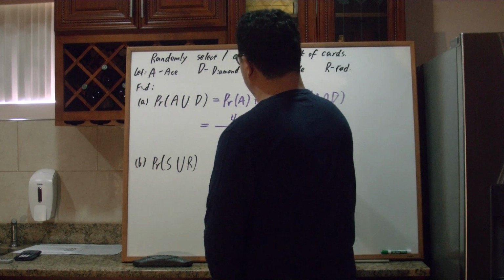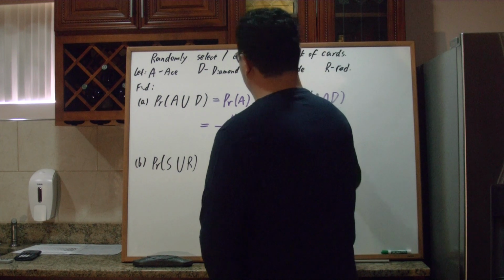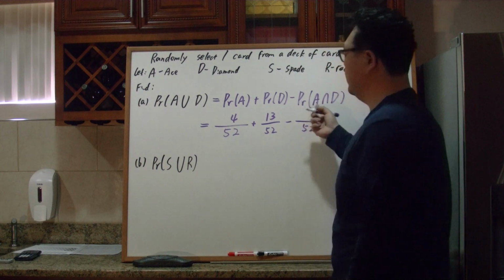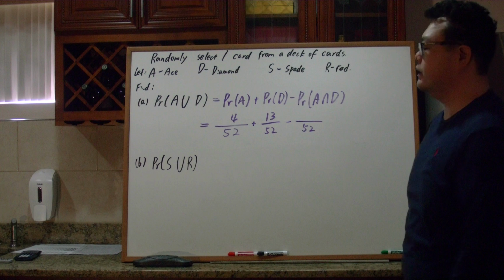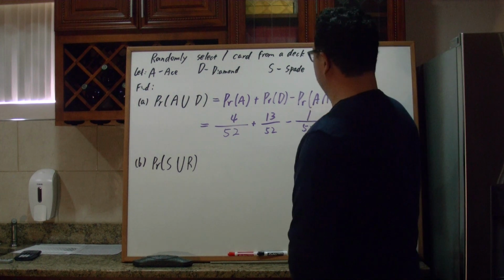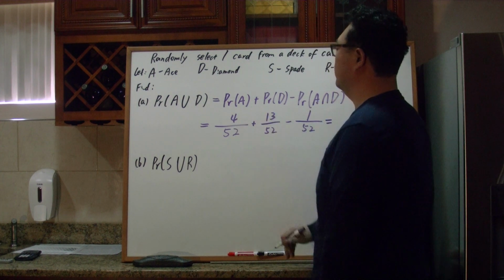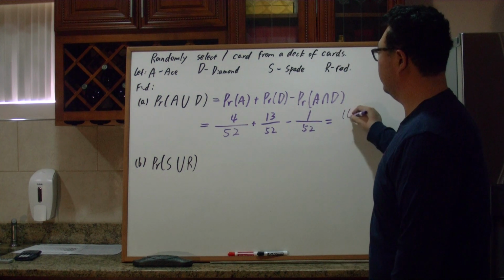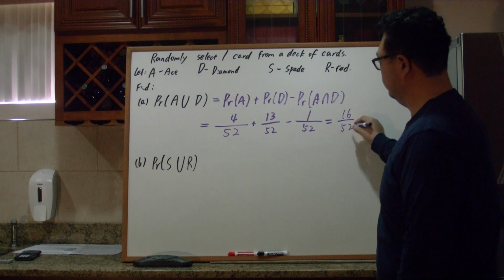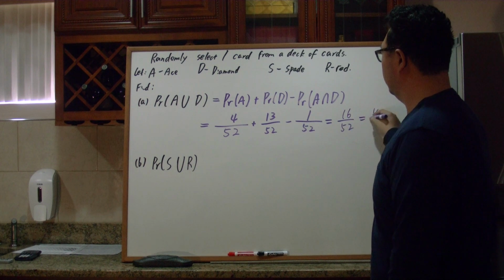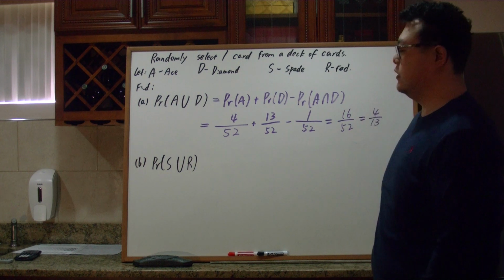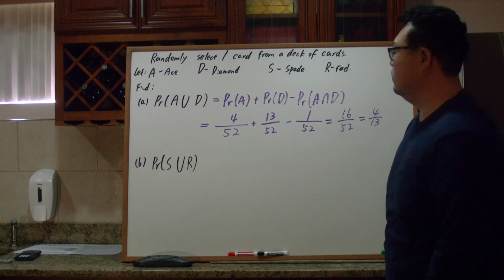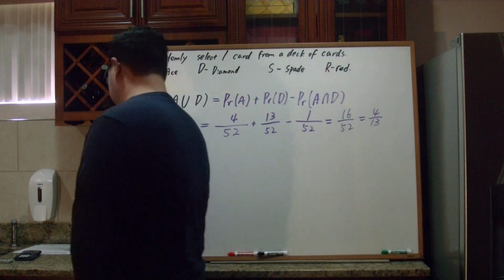Diamond is a suit, containing 13 cards. There is only one card, which is the diamond ace. So we get 4 plus 13 minus 1. That is 16 over 52, or 4 over 13. You could simplify that if you want to, but at least show me this 16 over 52 as the result.